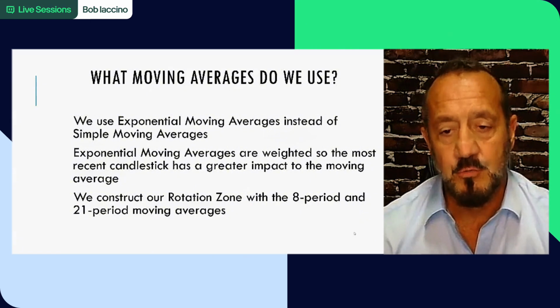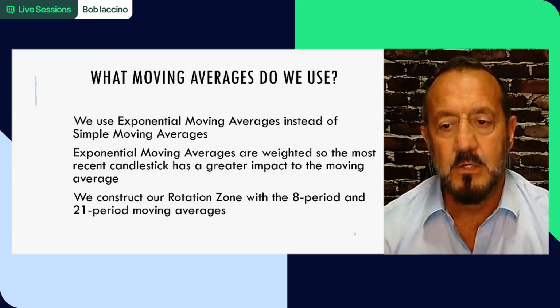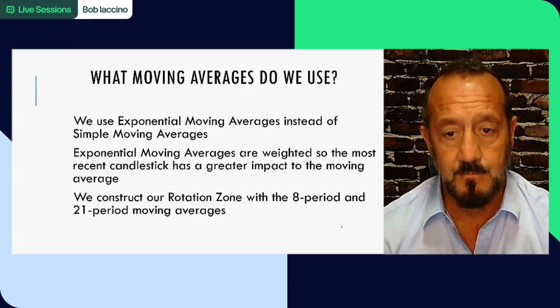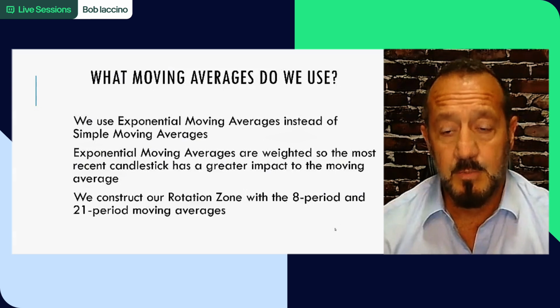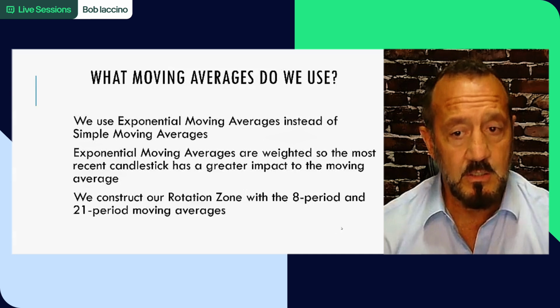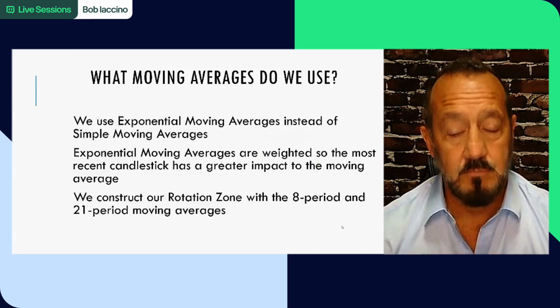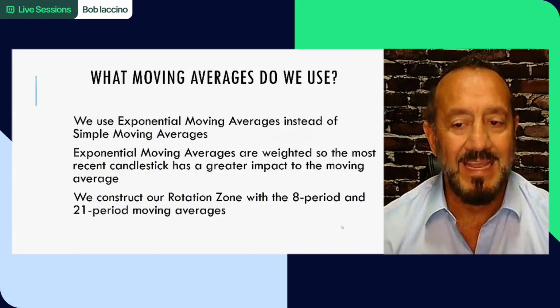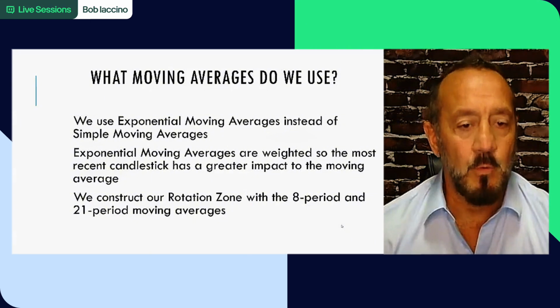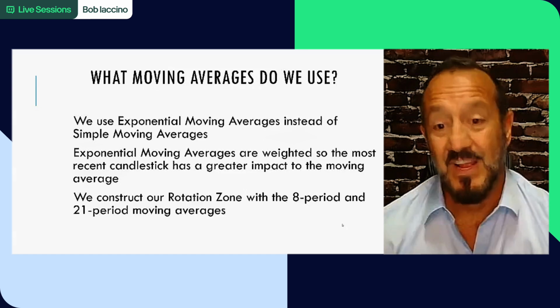The other thing I'll mention with this slide is the word period is very important. Okay, it's very important because if you're looking at a 60-minute chart, you're looking at an 8 period, so 60-minute 8 moving average, and a 21 period, 60-minute moving average.